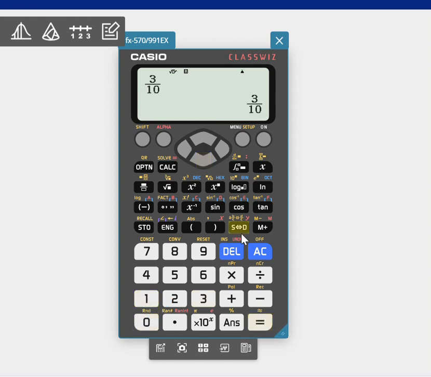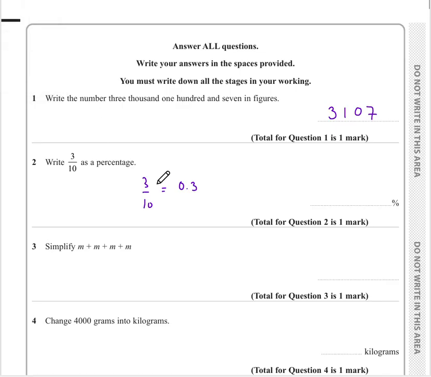Just pop this in, this little SD button will change that to a decimal. If we then multiply it by 100, that will change our answer into a percentage. So 0.3 times 100 gives us 30%.